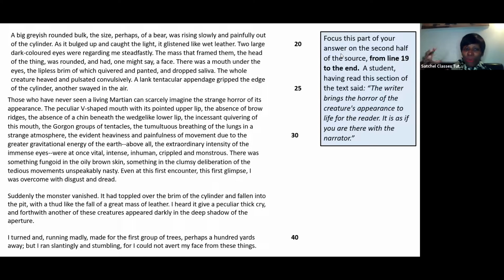Above all, the extraordinary intensity of the immense eyes were at once vital, immense, intense, inhuman, crippled, and monstrous.